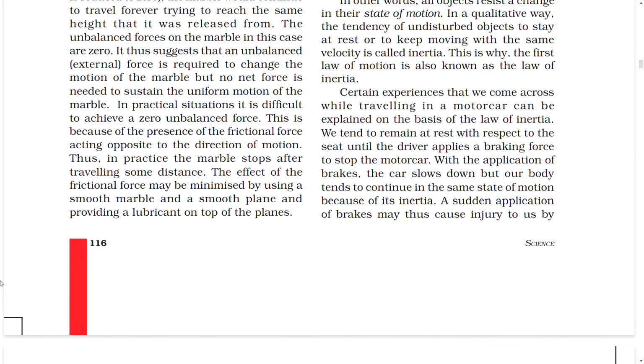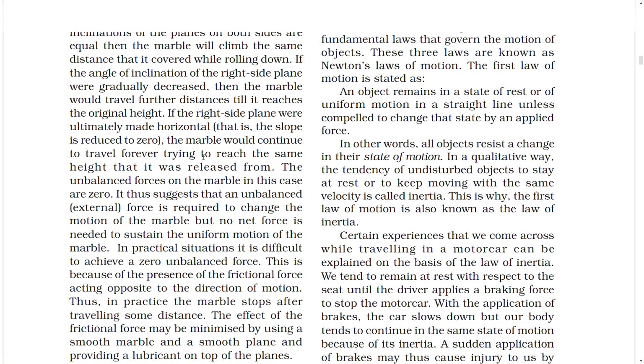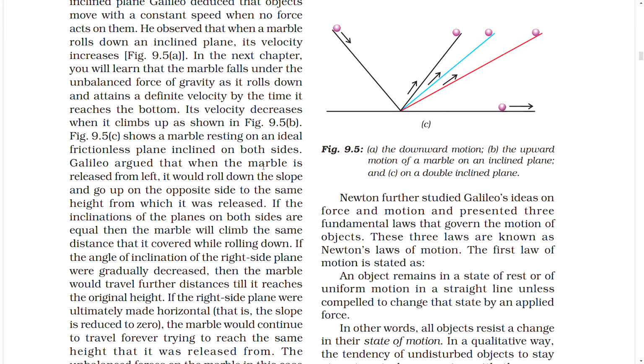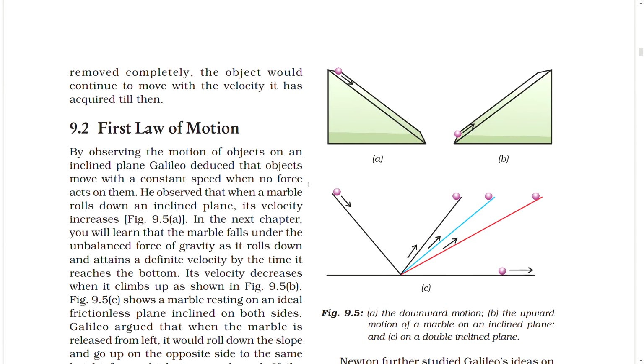The effect of the frictional force may be minimized by using a smooth marble and a smooth plane and providing a lubricant on top of the planes. A, B, C. A: downward motion. B: the upward motion of a marble on an inclined plane. And C: on a double inclined plane.